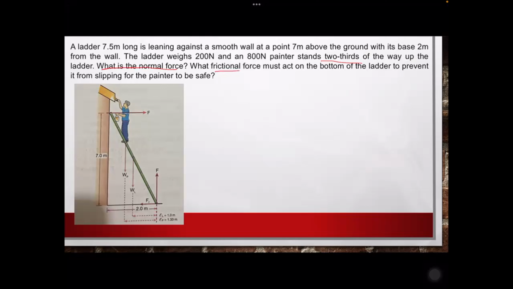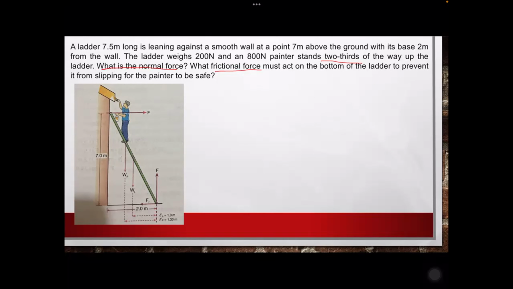And the frictional force must act on the bottom of the ladder to prevent it from slipping or for the painter to be safe. So, ano ba yung friction? So, just background. Friction, ito yung nagtitigil sa isang bagay para hindi siya dumulas.